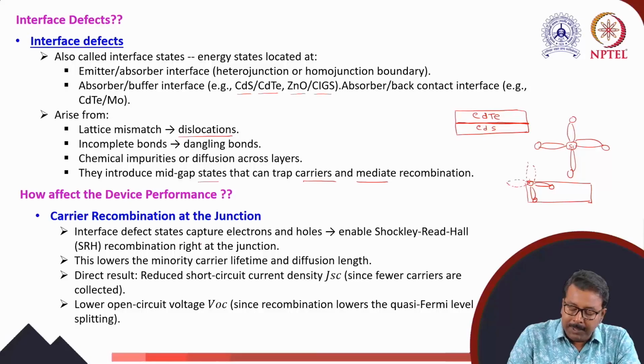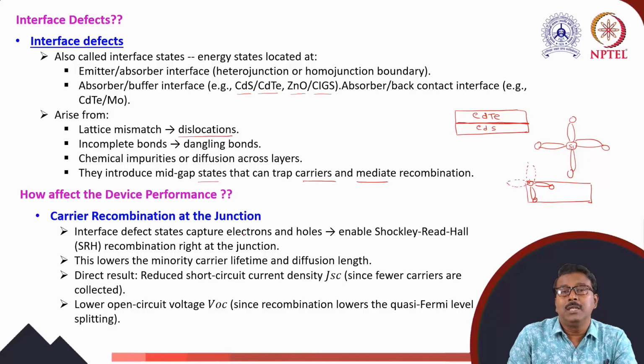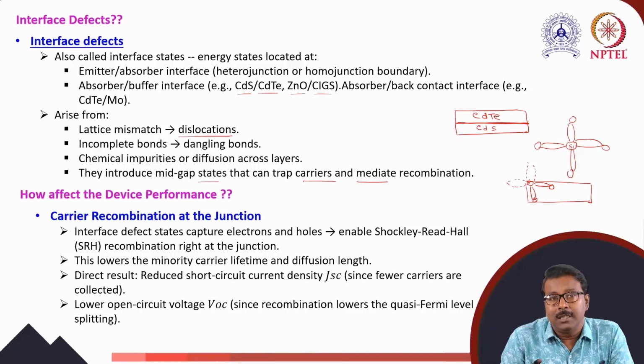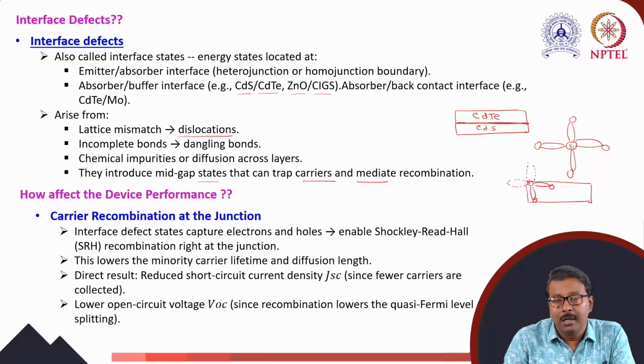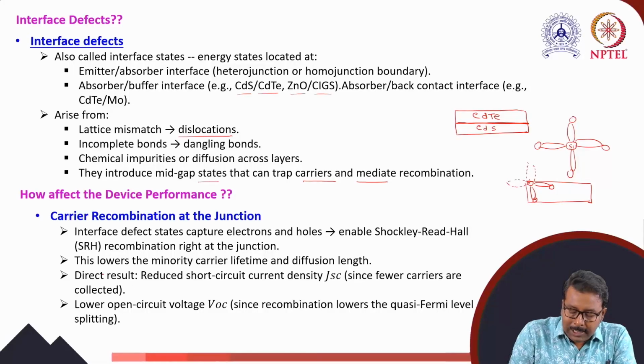So interface defect states capture electrons and holes, and this enables the Shockley-Read recombination right at the junction. Why the junction? Because at the junction there is an interface between two different materials. So obviously the recombination occurs mainly near the junction, and this ultimately lowers the minority carrier lifetime and hence the diffusion length.